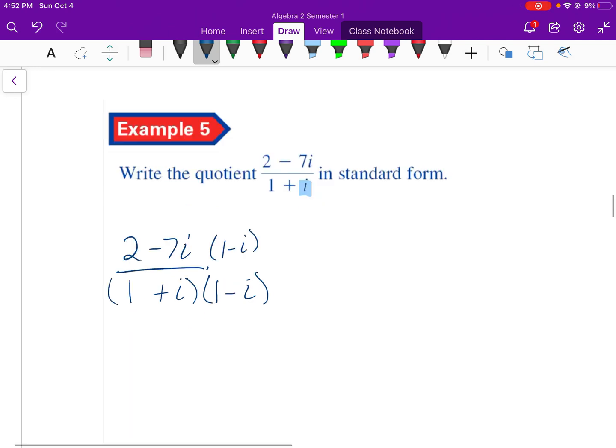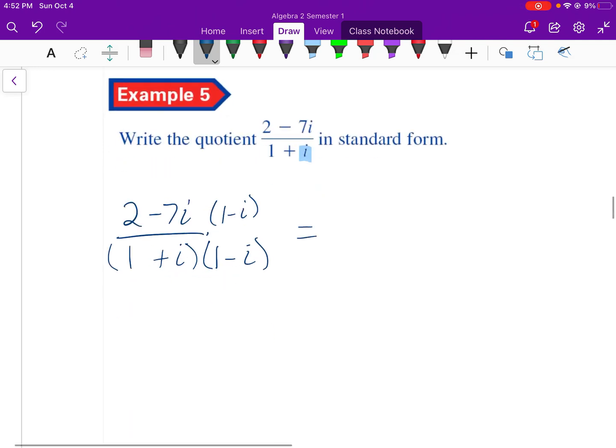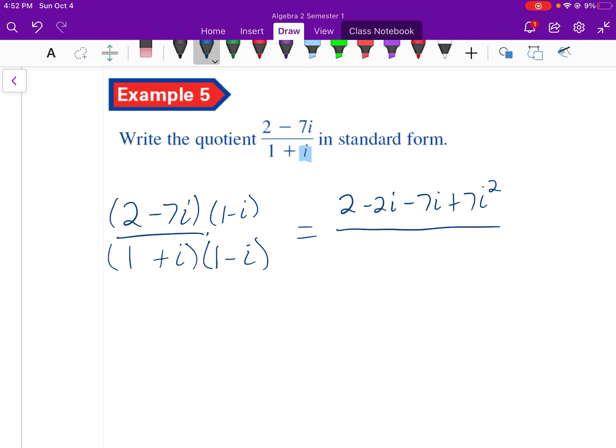So go ahead and we're simplifying this here. We're going to multiply the top and end up with 2 minus 2i minus 7i plus 7i squared over 1 minus i plus i minus i squared.